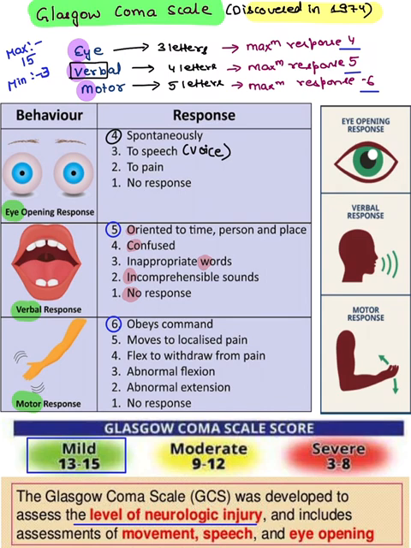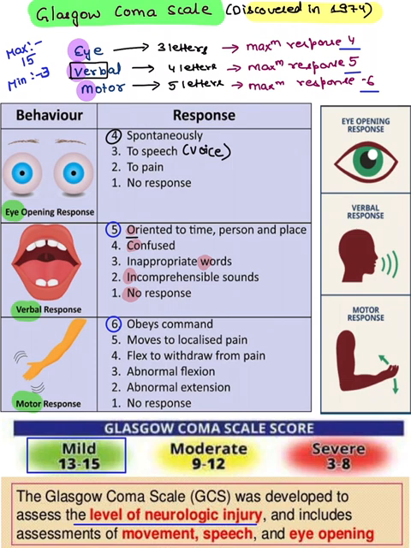Now coming on to verbal. The maximum response would be 5. When do you shout? When your country wins. So Our Country Win: O means oriented, C means confused, W means inappropriate words, I means incomprehensible sounds, and N means no response.